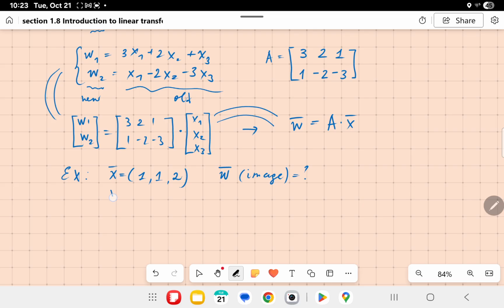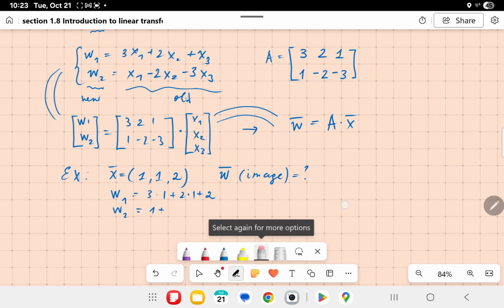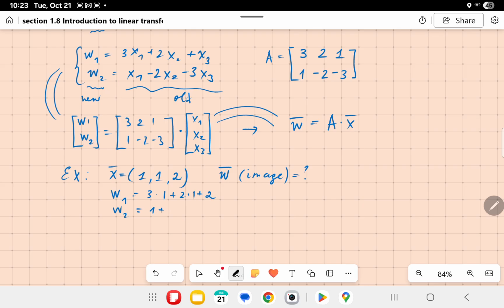So I'm going to write W1 equals 3 by 1 plus 2 by 1 plus 2. W2 equals 1 minus 2 by 1 minus 3 by 2. I'm just going to calculate the numbers.